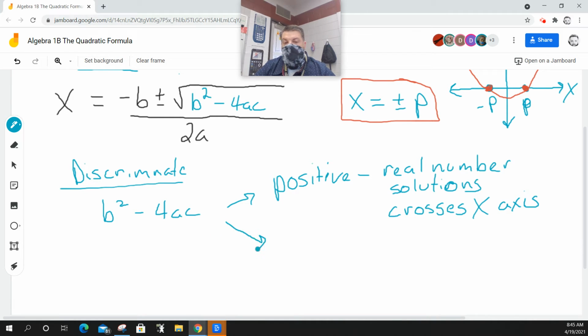Now, if the discriminant is negative, it still has that parabolic shape. It just means that it does not cross the x-axis. That's all that means. And we would say that it has a complex solution.